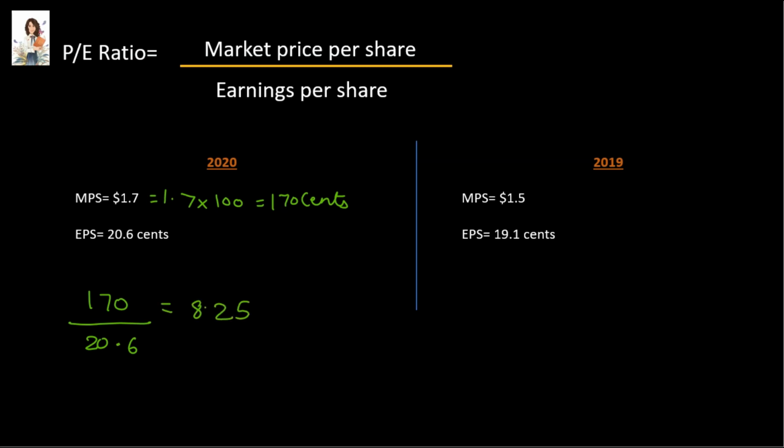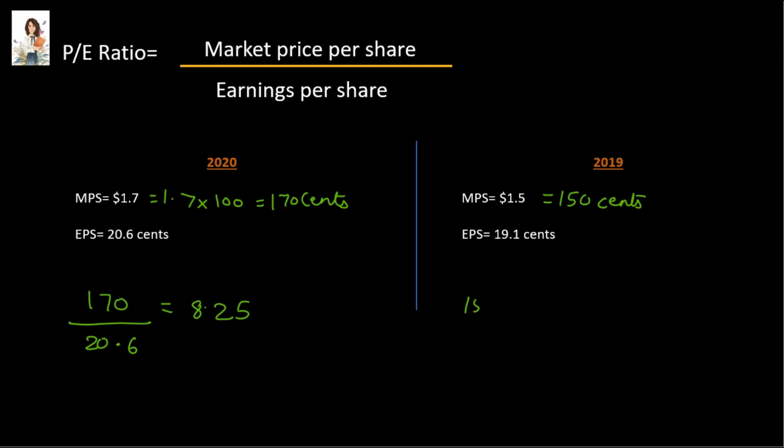This means that in 2020, investors are ready to pay 8.25 years of earnings to buy one share of the company. Similarly, in 2019, the market price per share is in dollars, so we will convert it to cents so that we can divide it by the EPS, which is in cents. So MPS is $1.5, which means that it is 150 cents.